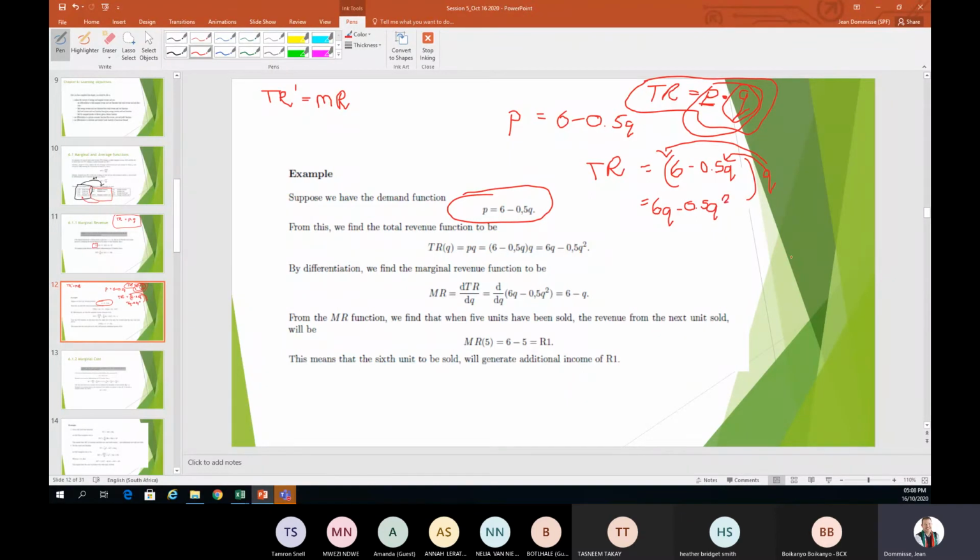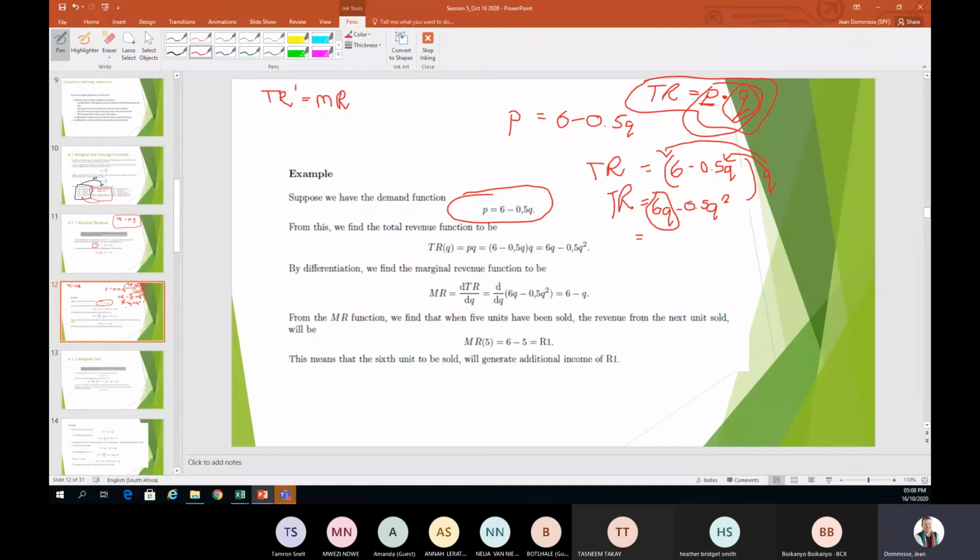Okay, so now I have my total revenue curve. The next thing I need to do is differentiate that. So let's see how easy that is.